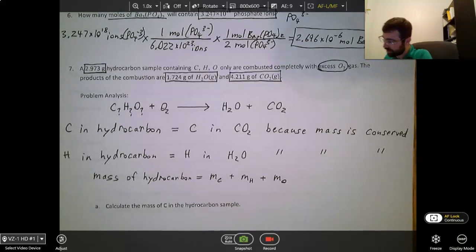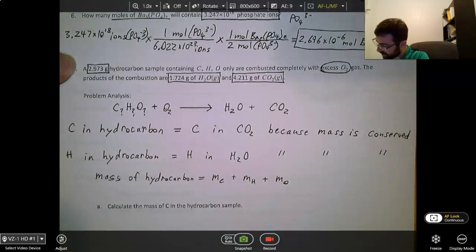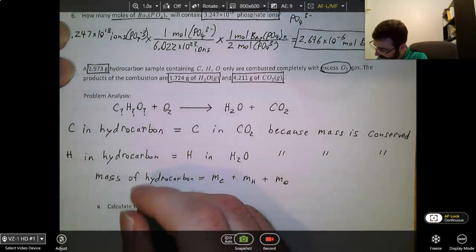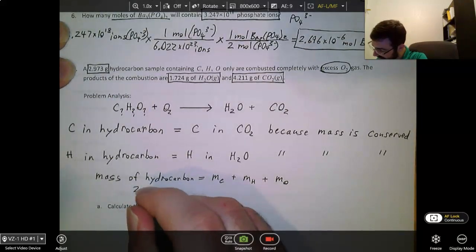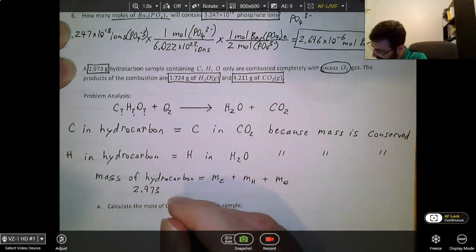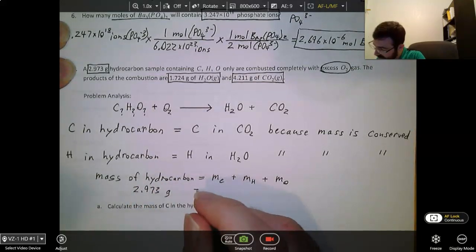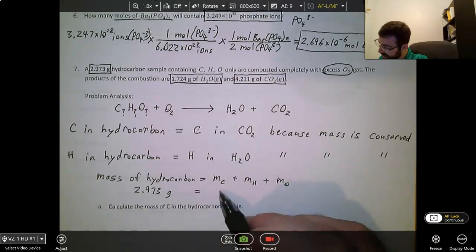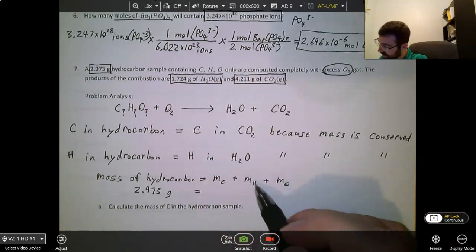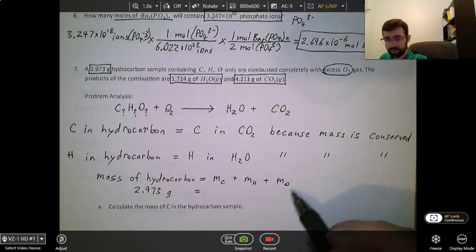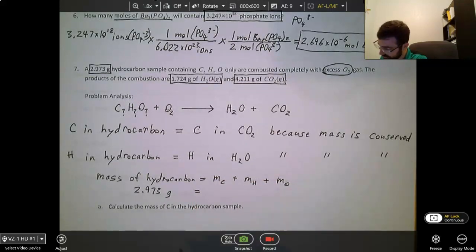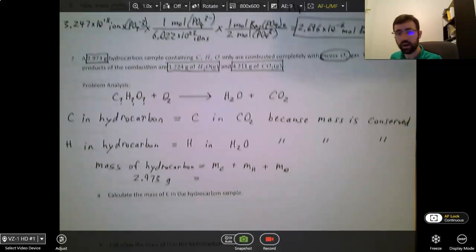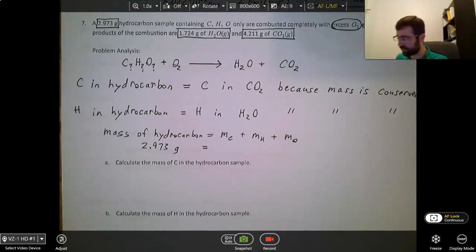So I know the mass of the hydrocarbon is 2.973 grams, and I'm going to know carbon, I'm going to know hydrogen, and then this will be my unknown. Okay. So that's our plan. That's how we're going to solve this.